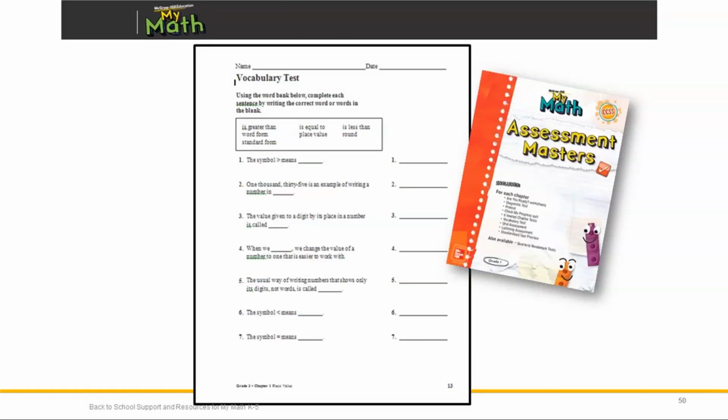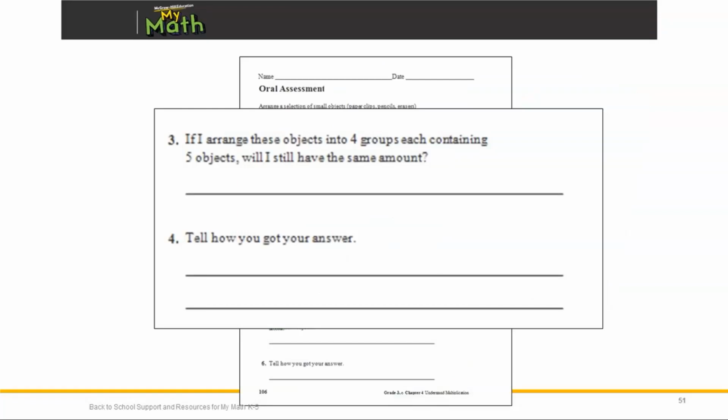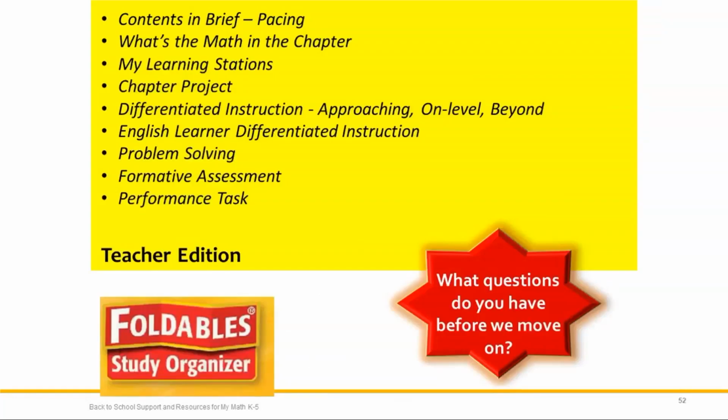Notice here, this is a vocabulary test, separate from the child's interactive text. This is one that you can print or you can assign online for them to take online. Notice that it's asking for extensive explanation of how you know; this is an oral assessment. So these Blackline Masters are going to give you a variety.